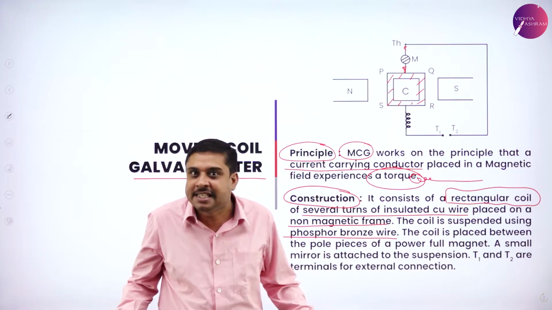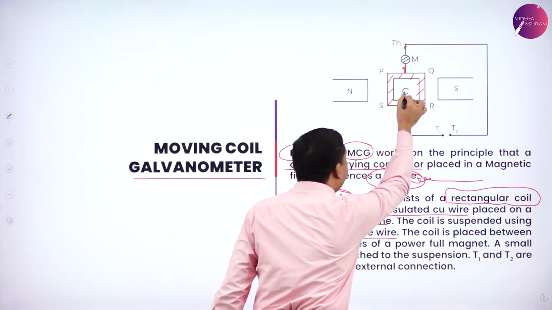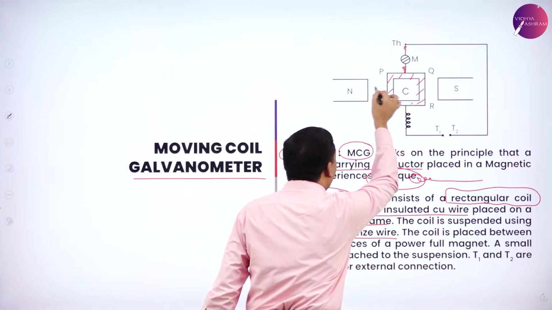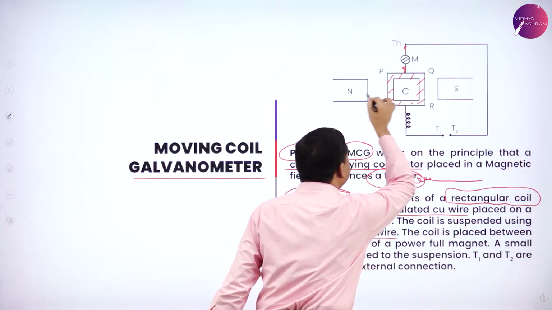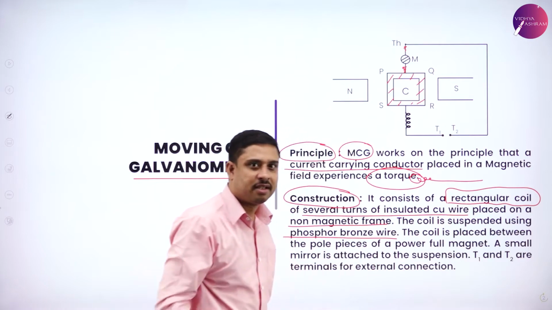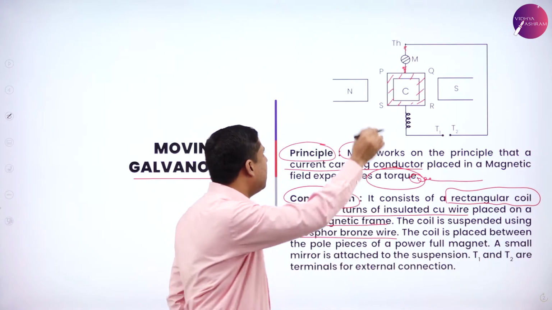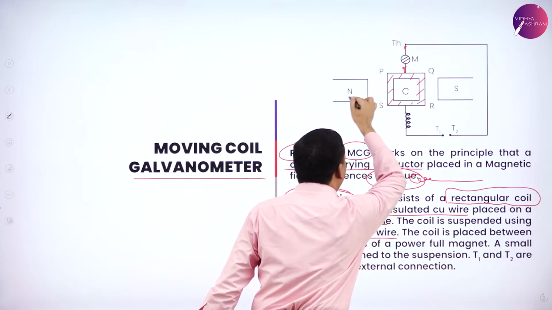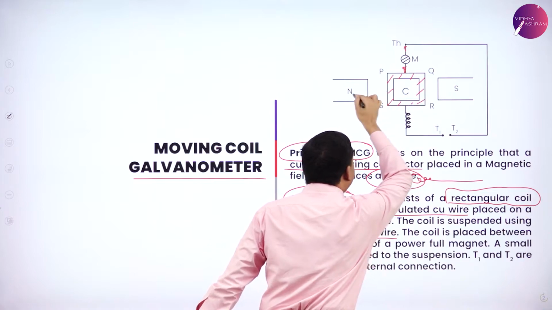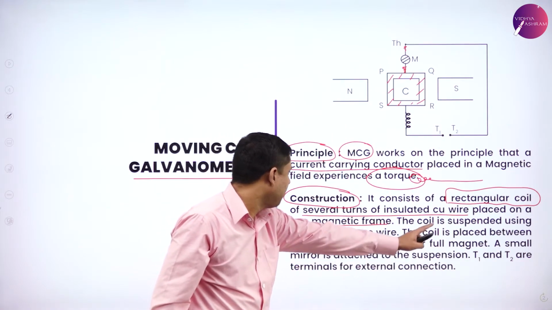Now I need a magnetic field. So what should I do? I take a powerful magnet, and place the rectangular coil between the pole pieces of that magnet.